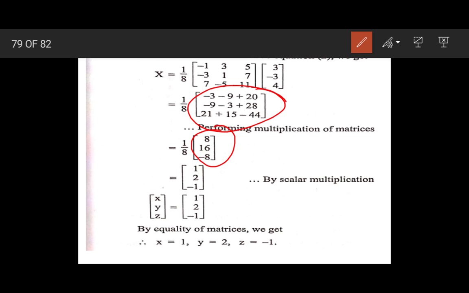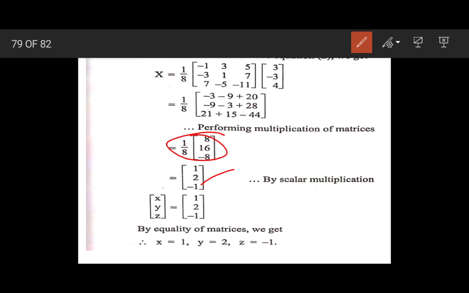Okay. Now 8, 16, minus 8 are all multiples of 8. So we can directly divide these elements by 8. So 8 ones are 8, 8 twos are 16, 8 ones are 8. Okay. So after dividing we get this matrix.